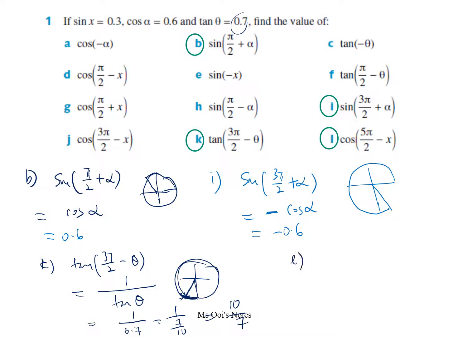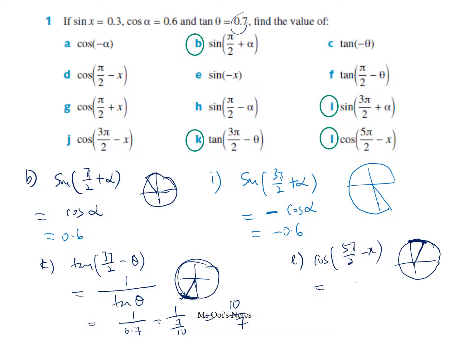Okay, last one. Cosine of 5 pi over 2 minus x. Where's 5 pi over 2? It's basically 2 pi plus pi over 2, which is here. Minus means going in the clockwise direction. So it's in that position we're looking at.